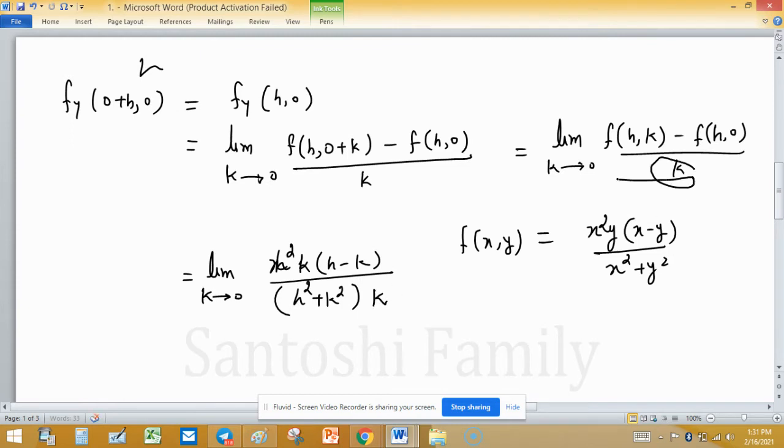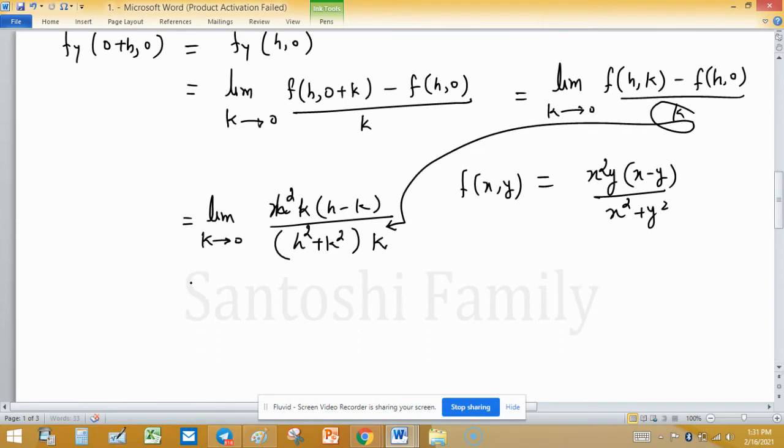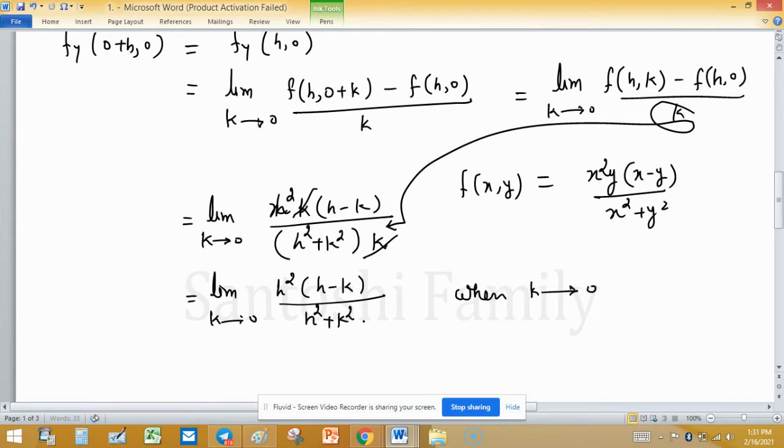This k is coming from here. So the limit k tends to 0, and this k cancels out, giving h squared (h minus k) divided by (h squared plus k squared). When k tends to 0, the value of this one will be h cubed divided by h squared, equal to h.